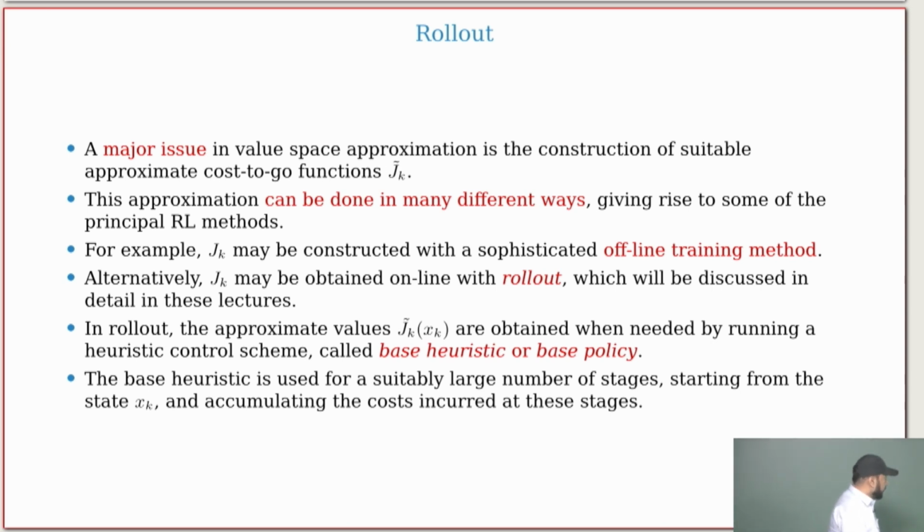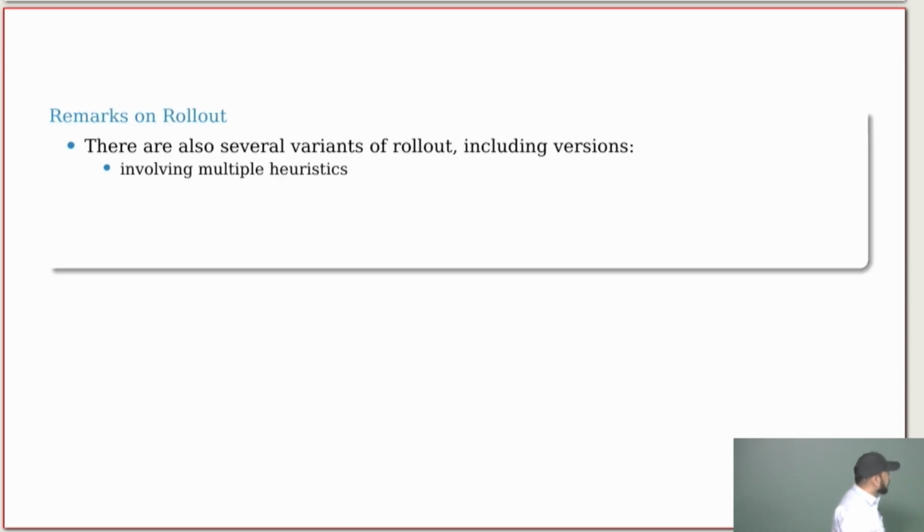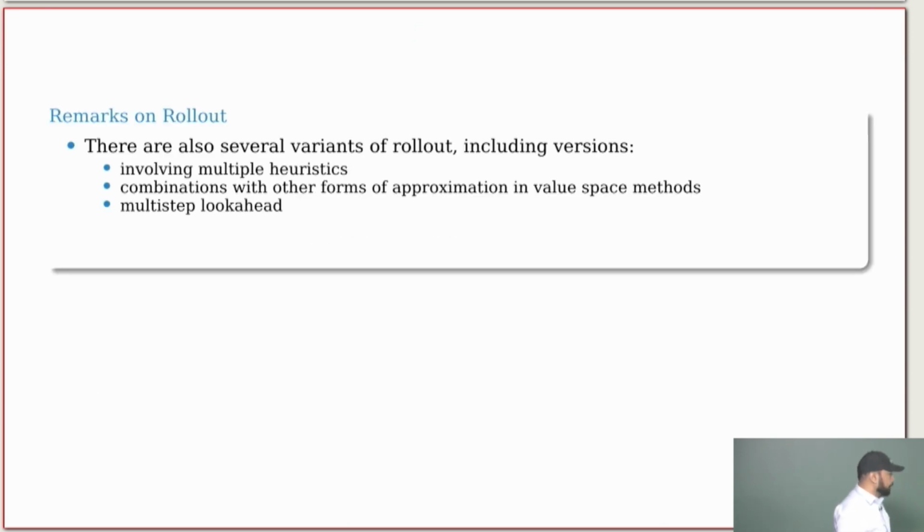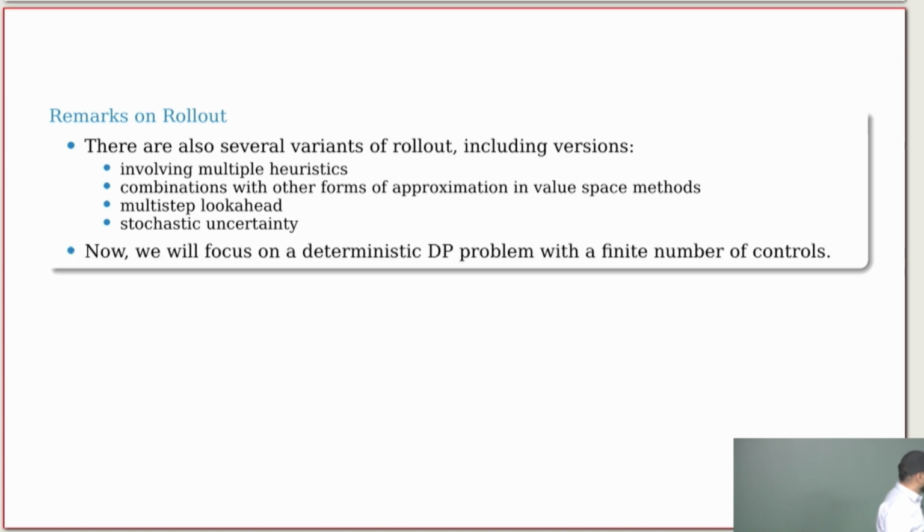That's the idea. But then, as I said, what is your base policy? I optimize the best for the near future, and then I have a certain heuristic policy from there onwards. So let us see. There are several variants of rollouts involving multiple heuristics, approximation in value space, multi-step look ahead. Obviously, stochastic uncertainty will play a role.